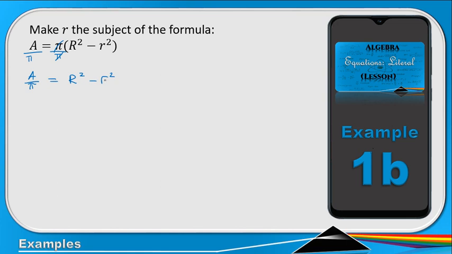Right, now what's next to get rid of is this term over here. Because this term is added on this side, we can just take it over to the other side and then subtract it. So this is then a over pi minus R squared equals negative small r squared.